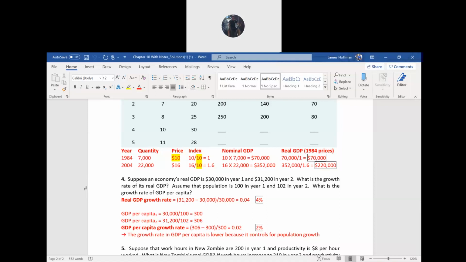That'll give us the decimal term, and just multiply by 100 to get percent. So in year 2, it grew to 31,200 minus the original GDP of 30,000, and then divided by 30,000, the original, is 0.04, and if you multiply by 100, that's 4%.